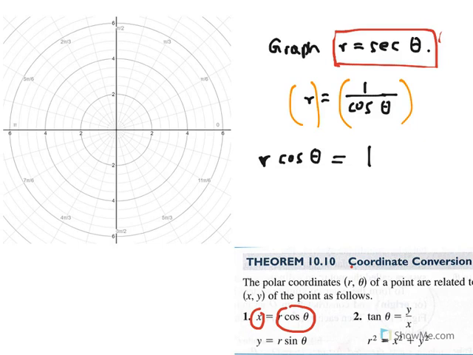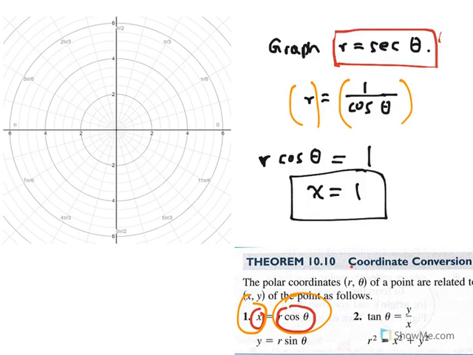But what is r times cosine theta? R times cosine theta is x. So I can replace r times cosine theta with x, and I just have the rectangular equation x is equal to 1, which is very easy to graph. Remember, we superimposed the rectangular coordinate plane with the polar plane.